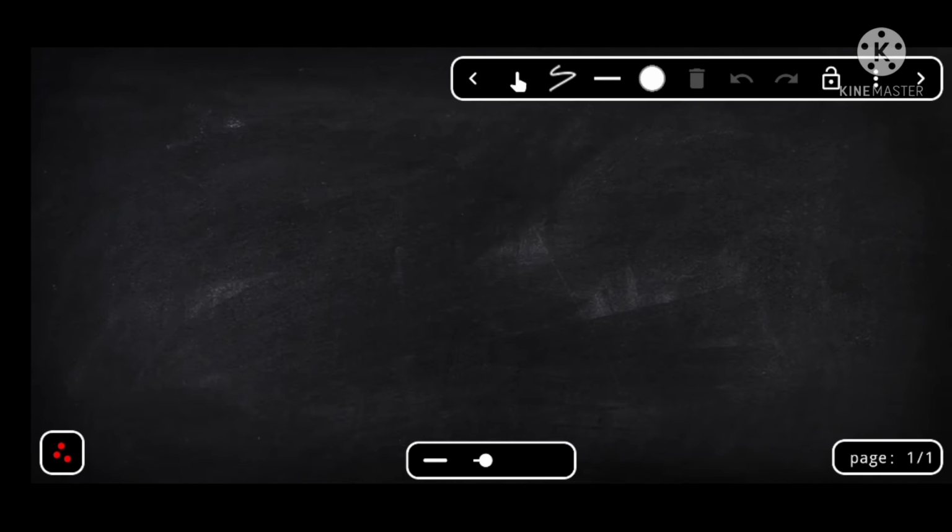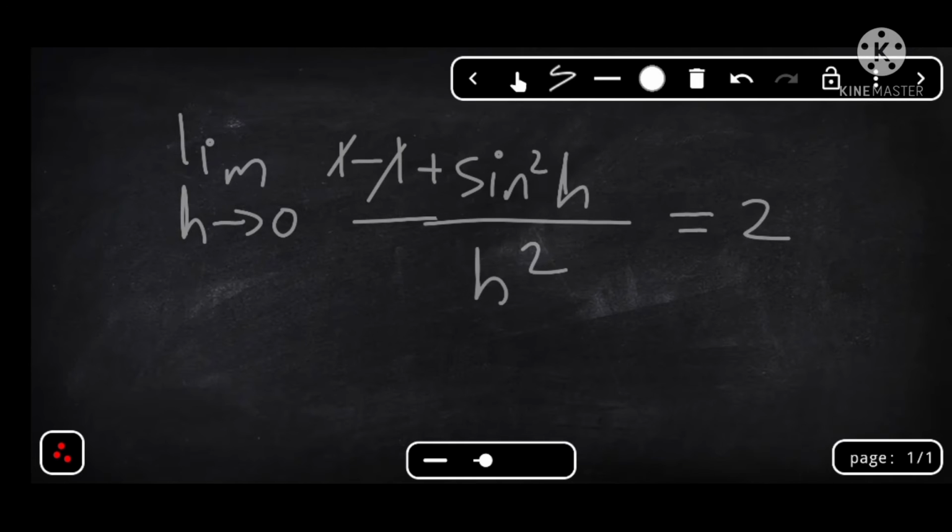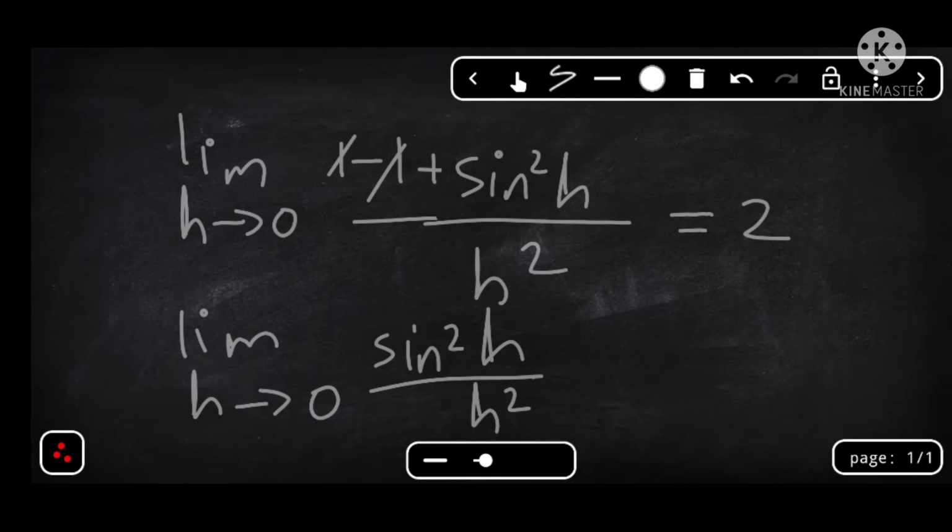It is going to be limit h tends to 0, 1 minus 1 plus 2 sine square h divided by h square. So 1 and 1 will get cancelled. 1 minus 1 is 0. So here it is going to be limit h tends to 0, sine square h divided by h square.